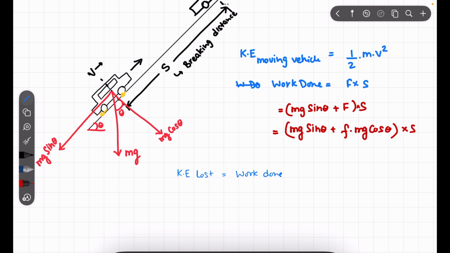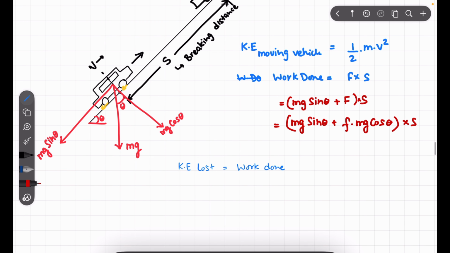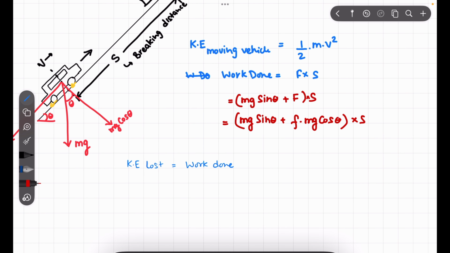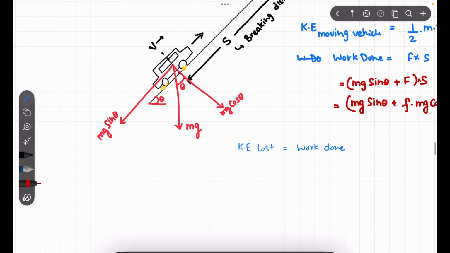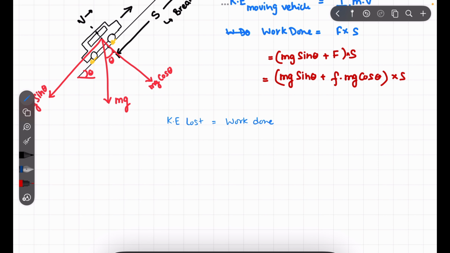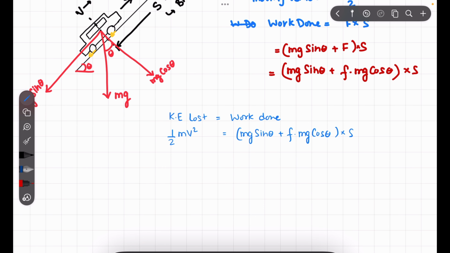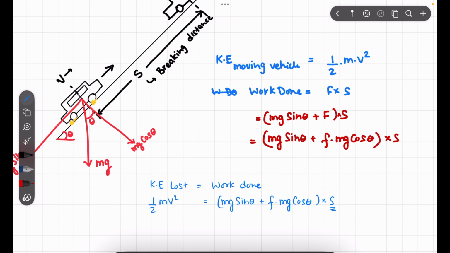We have half m v square equals mg sin theta plus F into mg cos theta, into S. What we are interested in is finding out this S, the braking distance that has been covered.